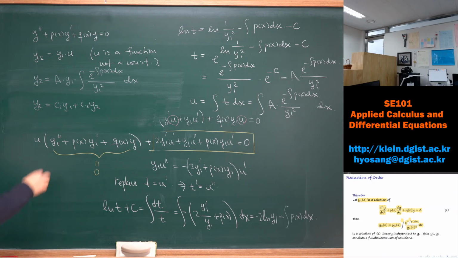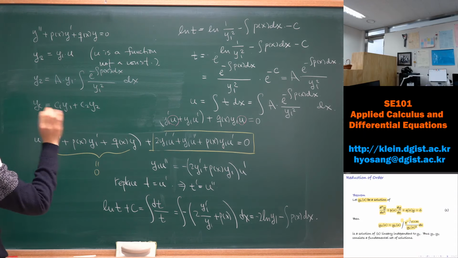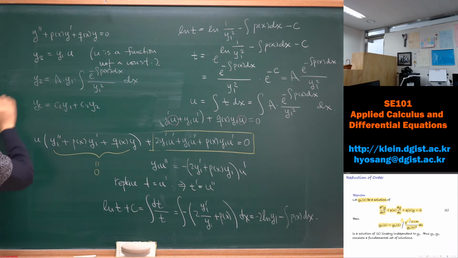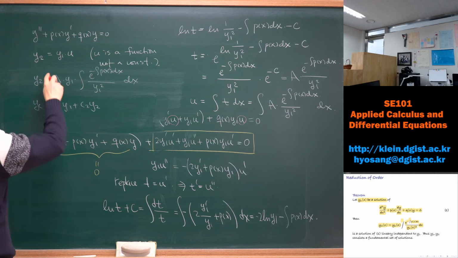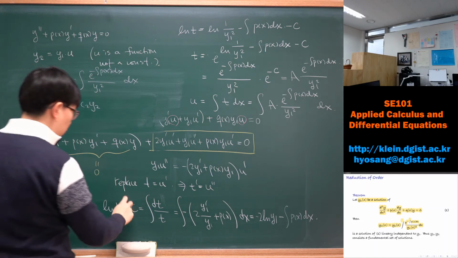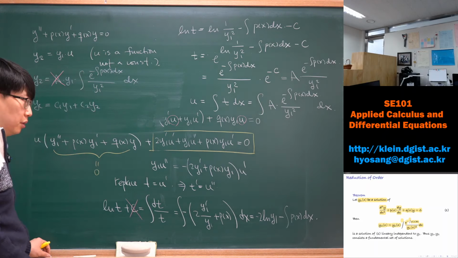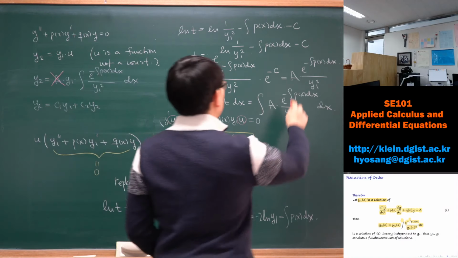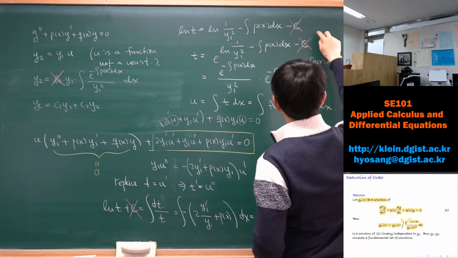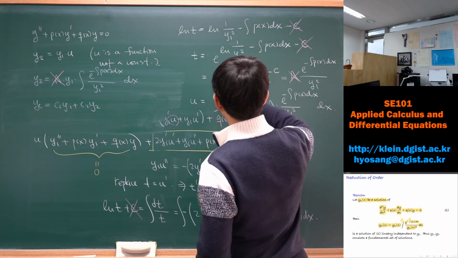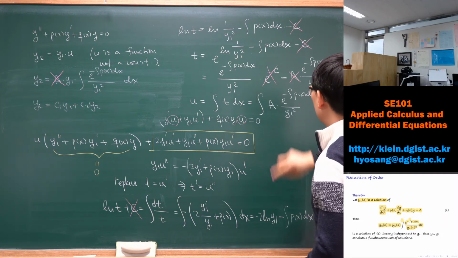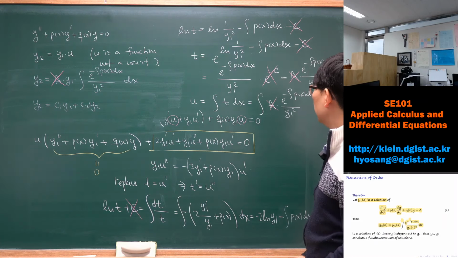I just need one. So you don't need to put a here, because there is going to be an arbitrary constant multiplied to y2. I just need a particular solution y2. Or you can just assume that c equals 0. So I don't have to put c anywhere here.